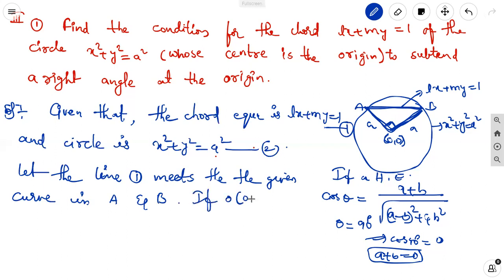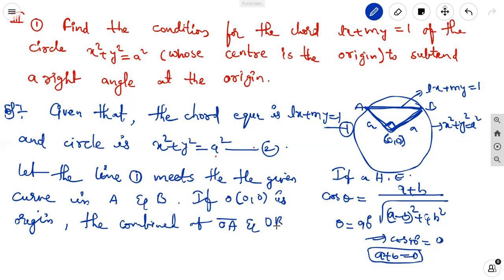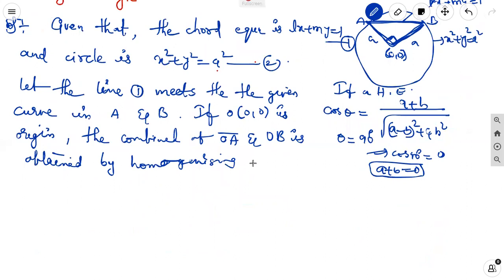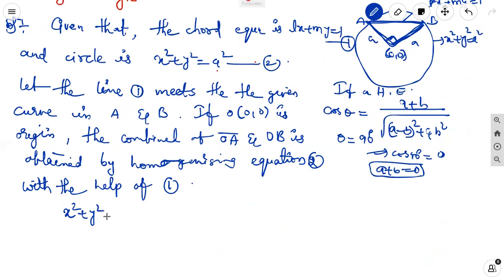If O is the origin, the combined equation of OA and OB is obtained by reduction to a homogeneous equation, homogenizing equation 2 with the help of equation 1. That is x square plus y square equal to a square.